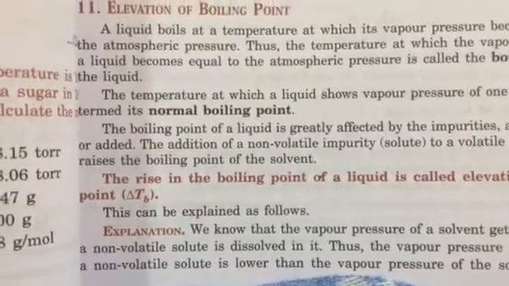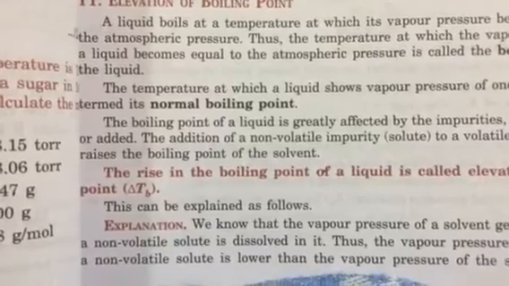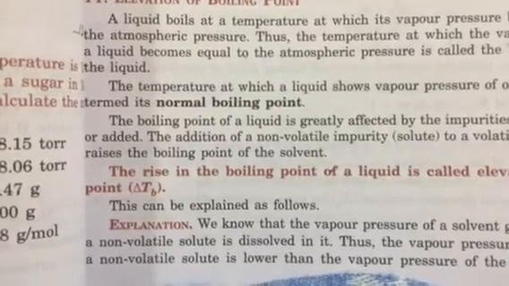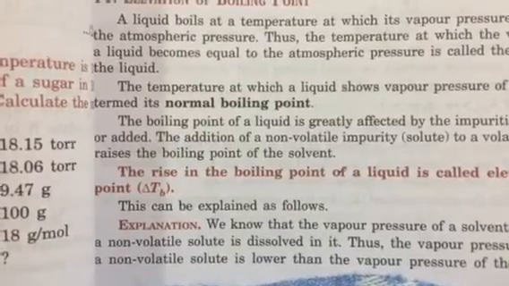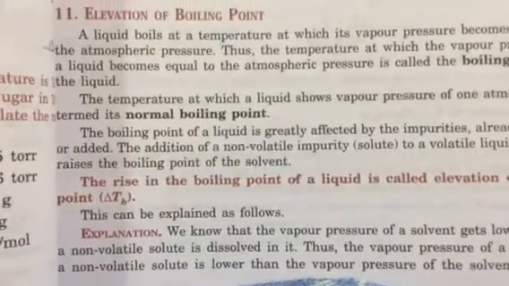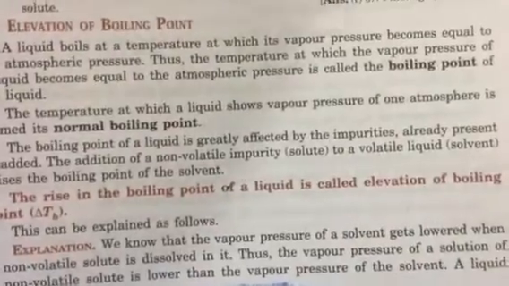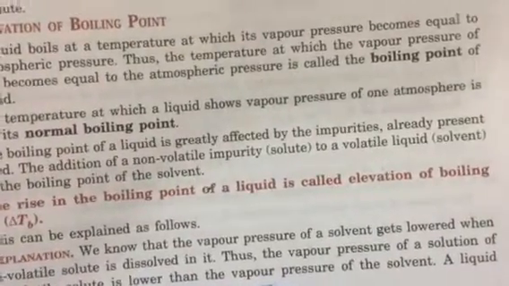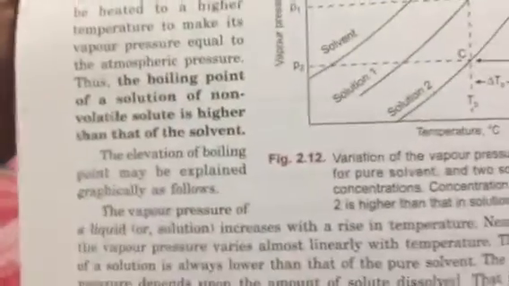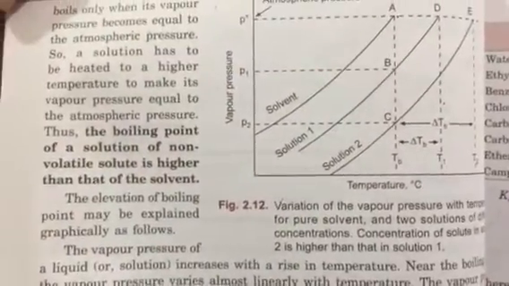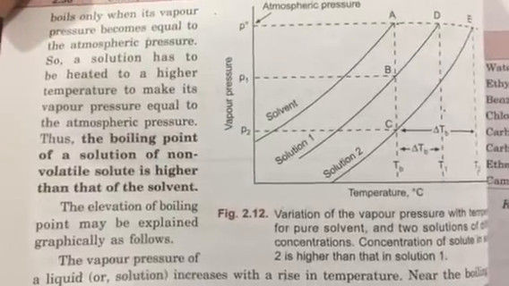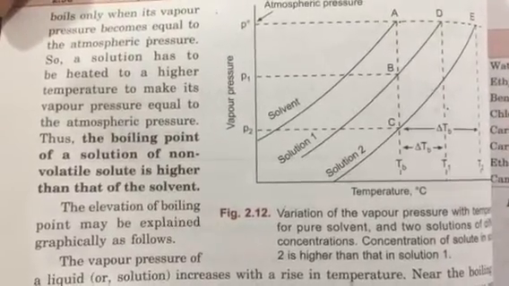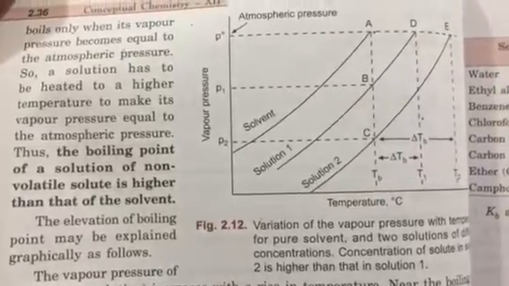As a result, more vapor pressure has to be exerted so that it comes in equilibrium with the atmospheric pressure. This concept is known as elevation of boiling point because it helps us know that the boiling point increases with the addition of a non-volatile solute to a volatile solvent.